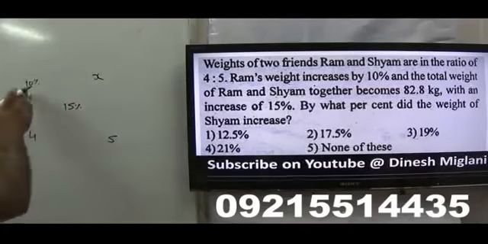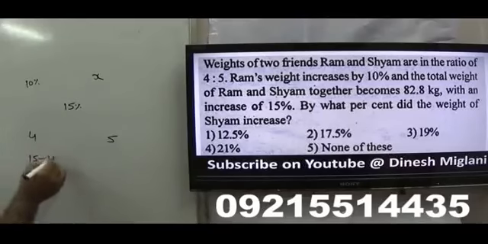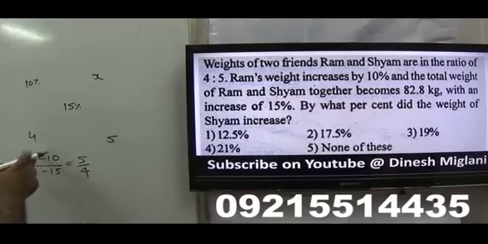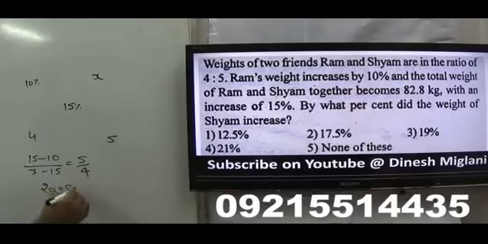I may simply take it as 15 minus 10 by x minus 15 equal to 5 by 4. 15 minus 10 is 5, so that would be 20 equal to 5x minus 75. So 5x equal to 95, x equal to 19. That becomes my answer.